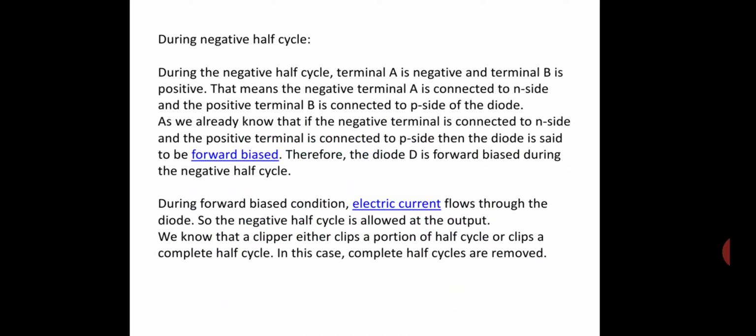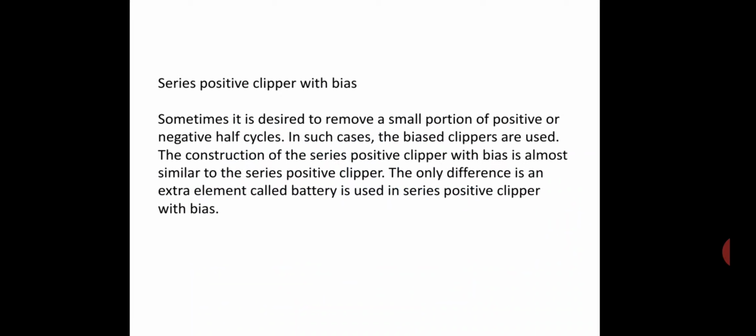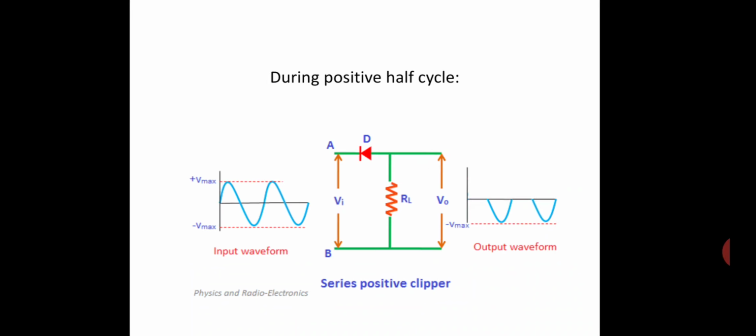During forward bias, electric current flows through the diode, so the negative half cycle is allowed at the output. So in the positive cycle, the diode is reverse biased and the output is not received. In the negative cycle, the diode is forward biased and the output is obtained. Input is negative, output is negative.